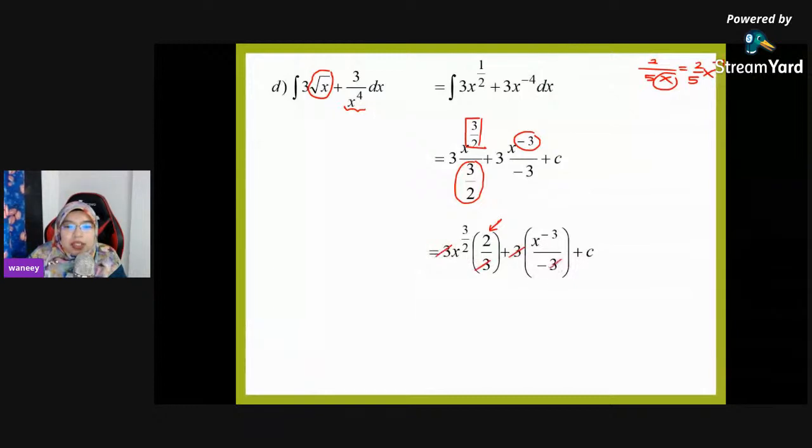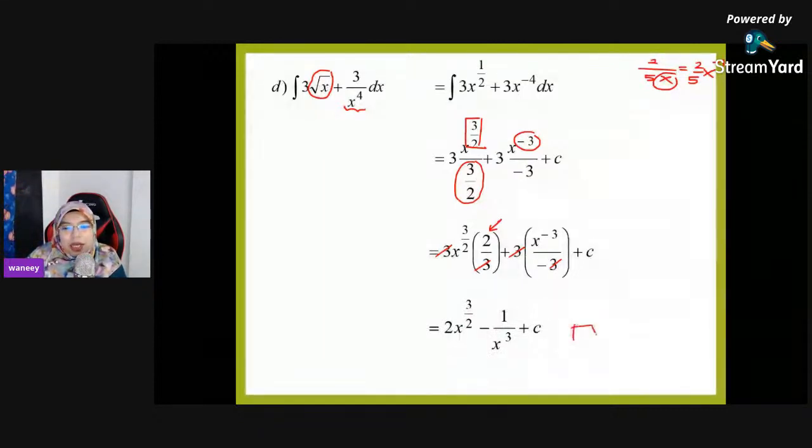So what we have left is simply 2x to the power of 3 over 2 minus 1 over x cubed plus C. Okay, so done with this.